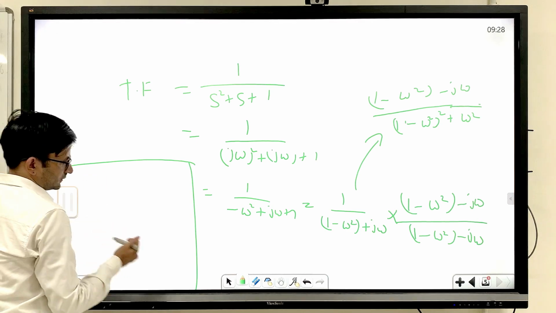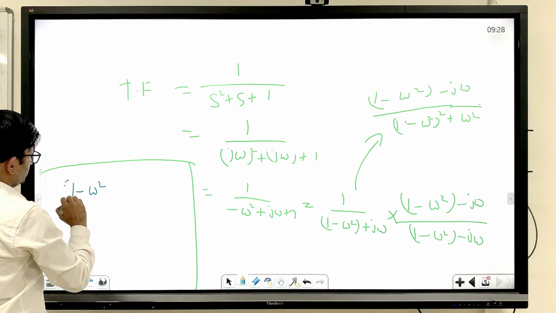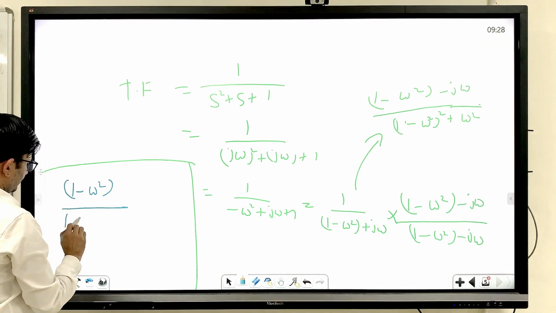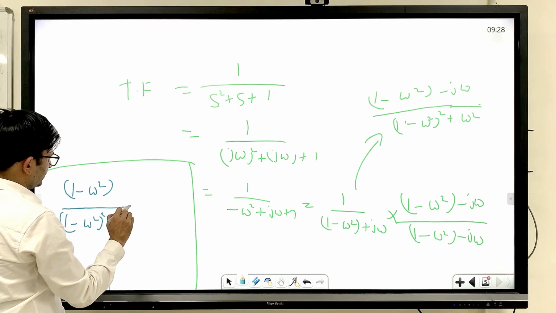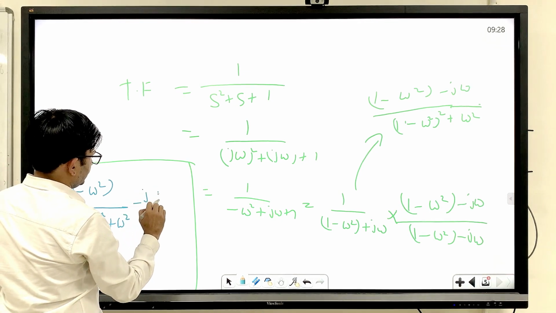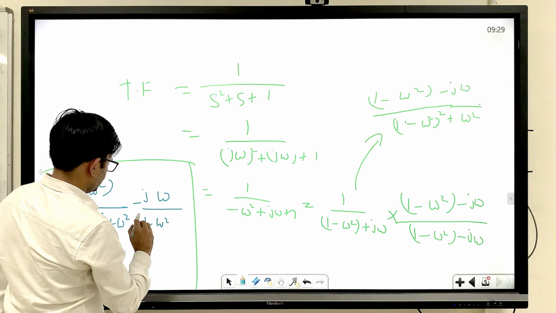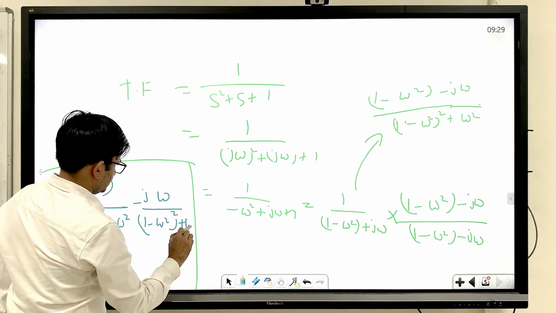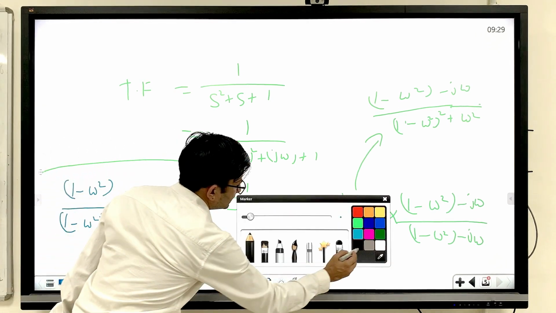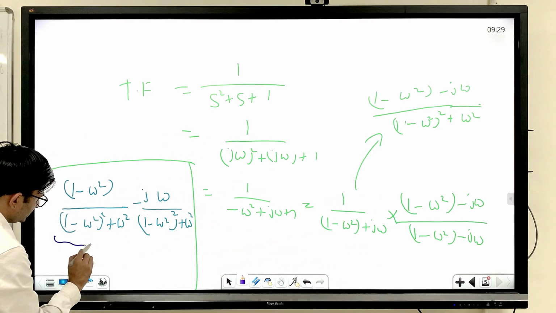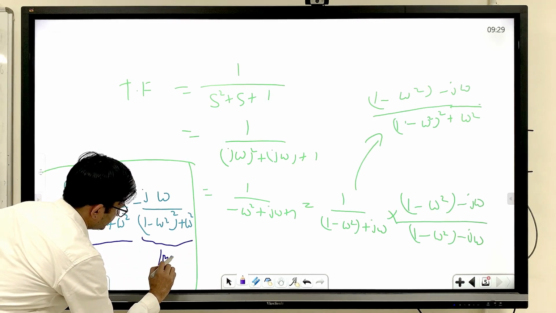I can write 1 minus omega square, whole square plus omega square, and then j omega, whatever it is, clear to you, right? What is this part called? Real part. And what is this part called? Imaginary part.